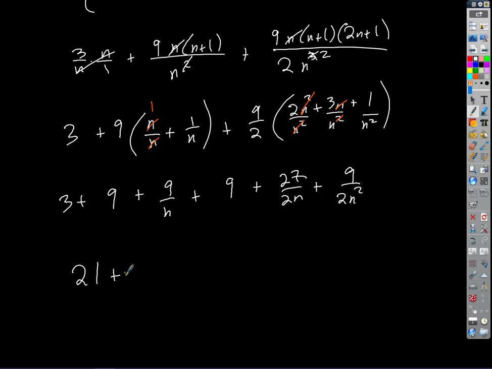I've got 9 over n plus 27 over 2n, and that's the same as 18 over 2n, so that's going to give me 45 over 2n plus 9 over 2n squared. Okay, so that's my area. We'll call that R sub n, because that was the right area for n rectangles. There's an n in there.